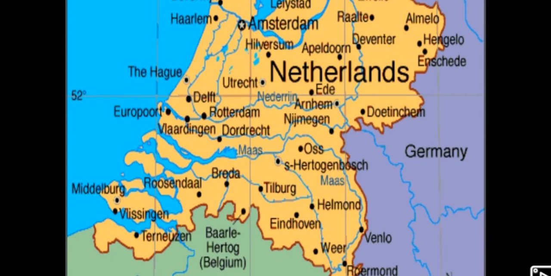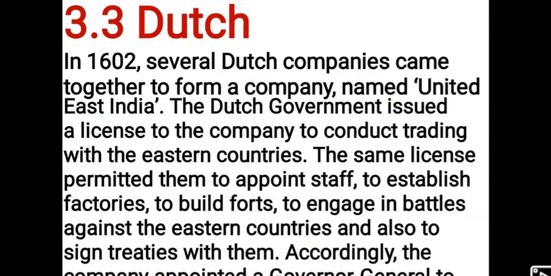Here you can see the map, which countries are nearby. Belgium is there, Germany is there. I hope the map is visible to you. Now moving further to topic 3.3, Dutch. As I already explained, Dutch were the people from the Netherlands, or Holland.